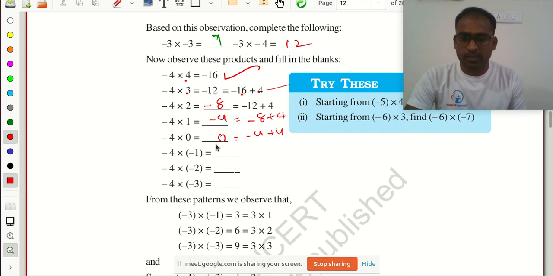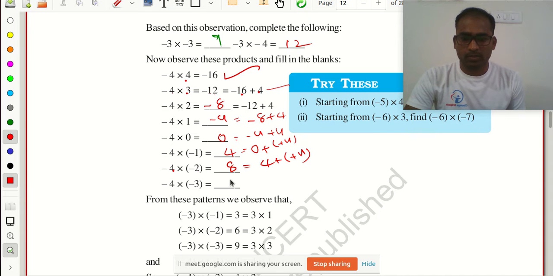Minus 4 into minus 1 is 4, so 0 minus of minus 4. Okay. 0 plus this plus 4 only. Then minus 4 into minus 2 is 8. So I can write this as 4 plus of plus 4.